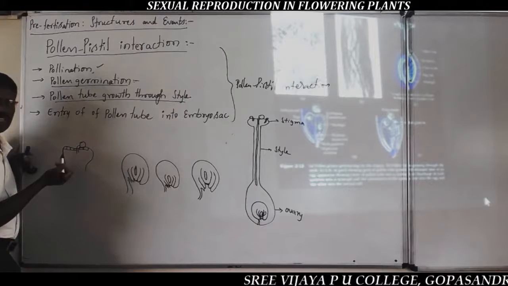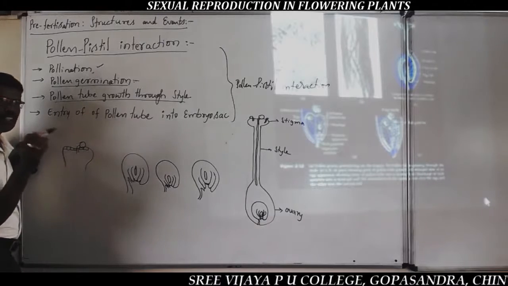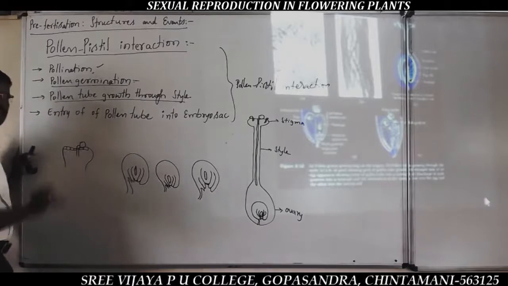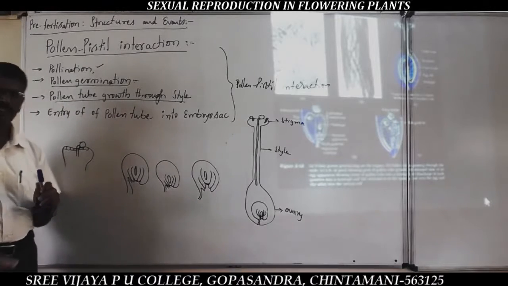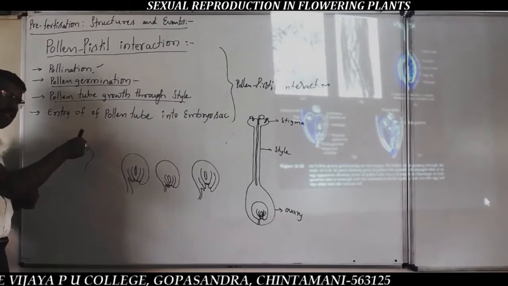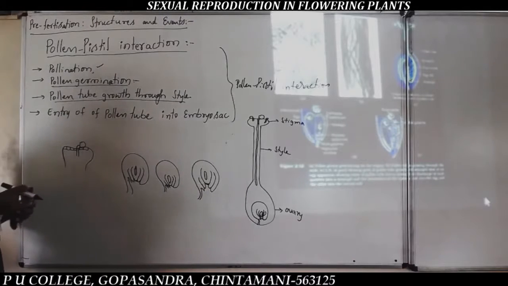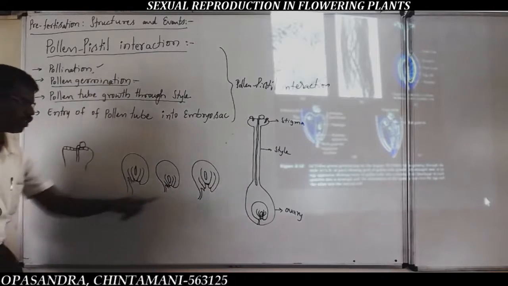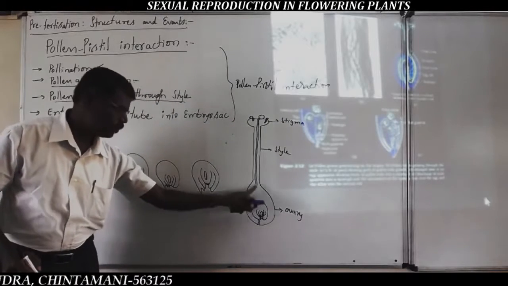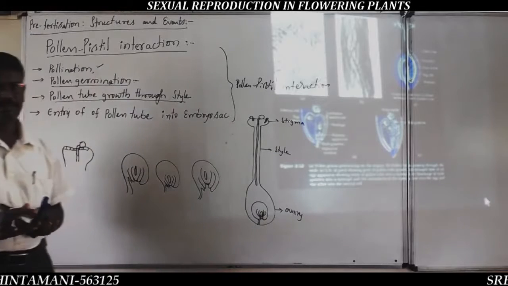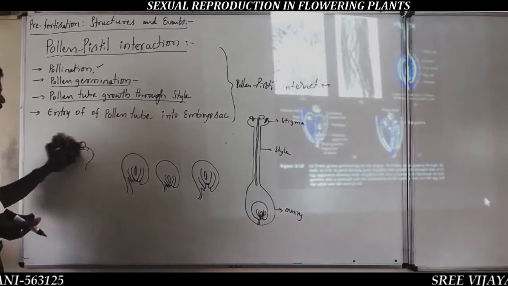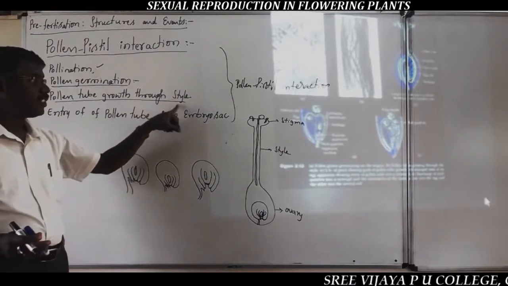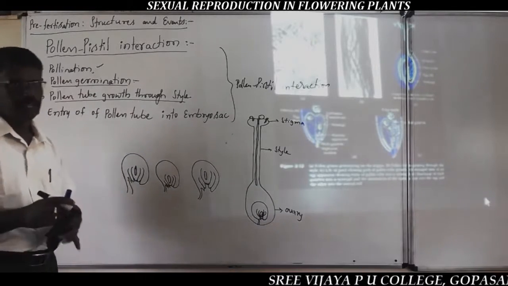So through the intercellular spaces between these cells, the pollen tube enters the stigmatic surface. Once inside, the pollen tube again grows towards the ovary, towards the ovule, through the style.